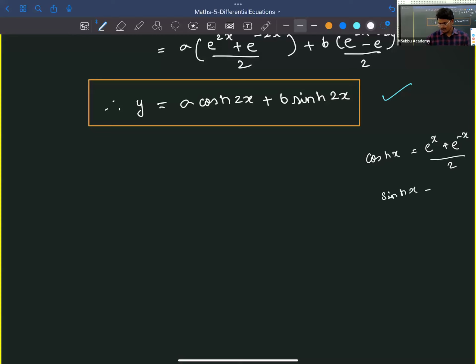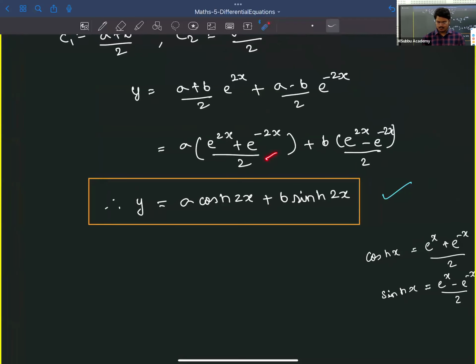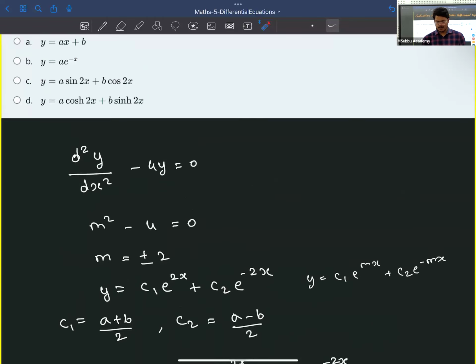Sin hx is equal to e power x minus e power minus x by 2. So this is an identity, a formula. So we are converting this to cos hx and sin hx. That's why. Okay then, I hope it's clear for everyone. Then we'll move on to the next question.